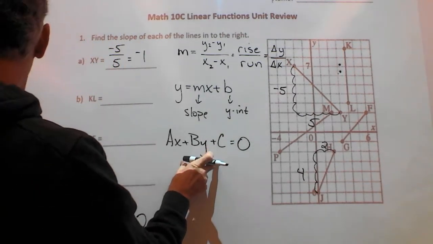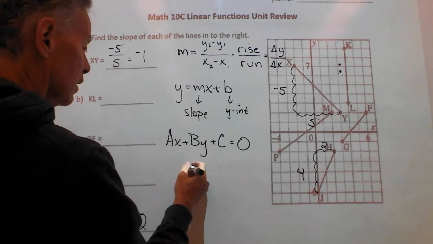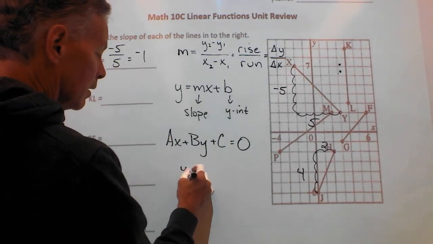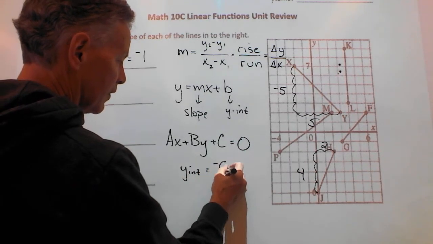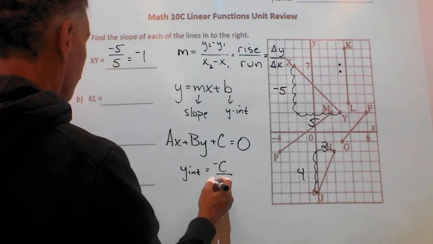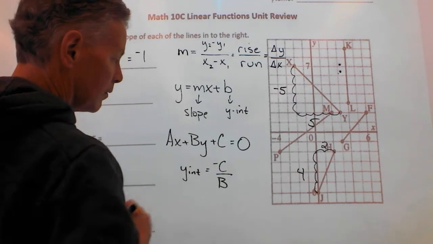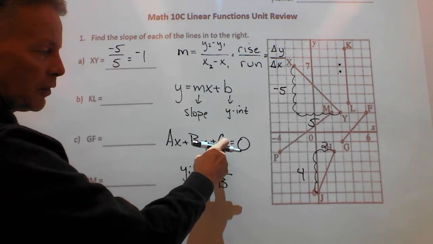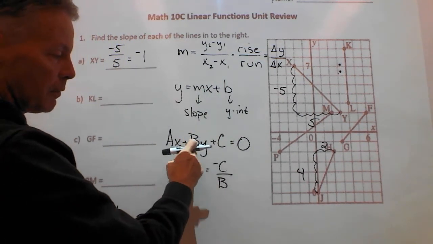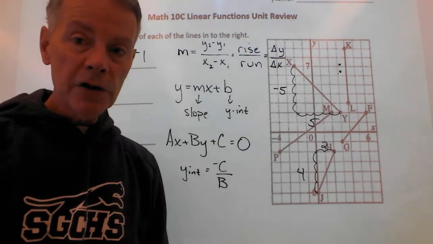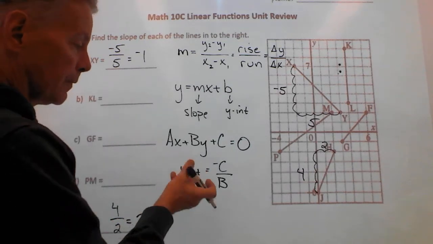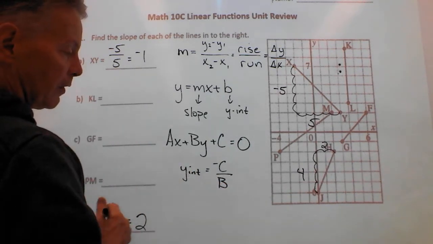But if you rearrange, you can find the y-intercept as negative C over B. Okay? So if you take this number C and divide it by this number B and change it to a negative, you will get the y-intercept.